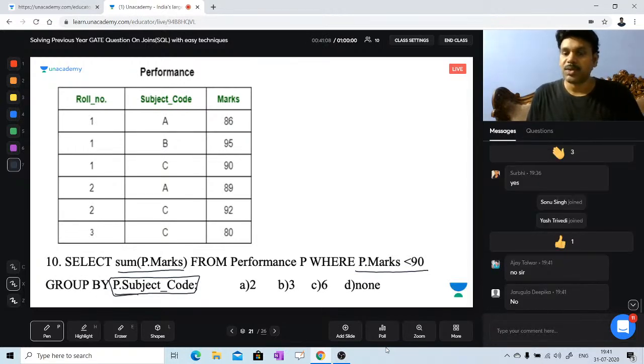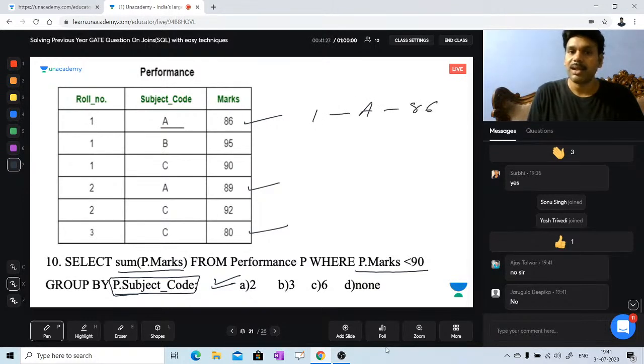First we are trying to identify marks less than 90. So the marks less than 90, this one will come, and this one, and this one. And we are doing group by using subject code. So we got result 1, A, 86, and next 2, A, 89.